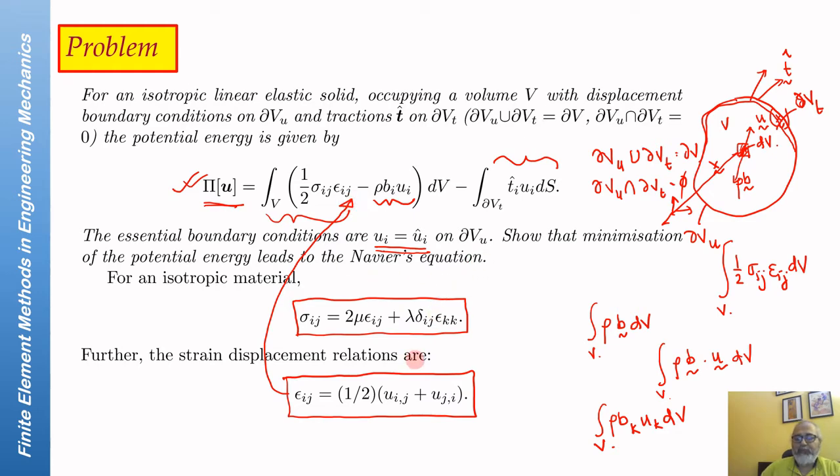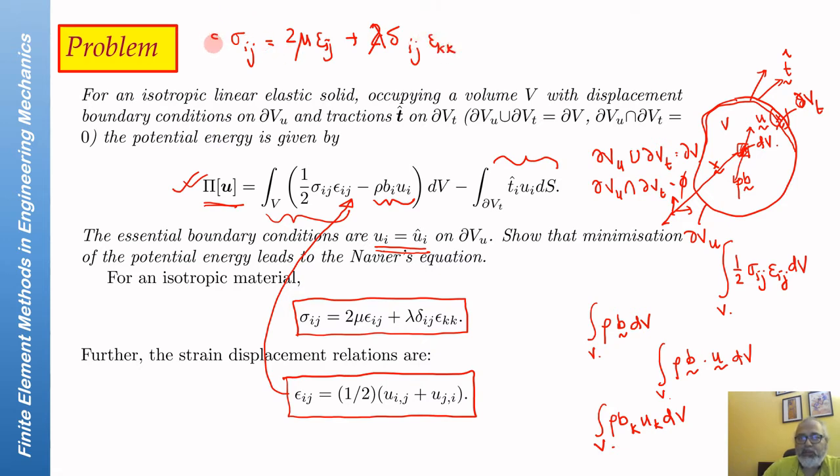So we'll plug it in here to get this in terms of displacements, and we will use the constitutive equations to express these stresses in terms of displacements as well. To do that, realize that sigma ij is 2 mu epsilon ij plus lambda delta ij epsilon kk.